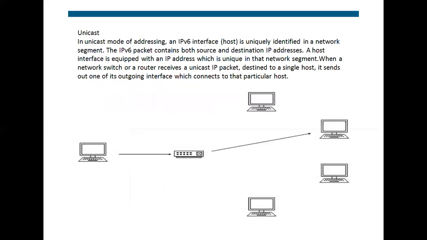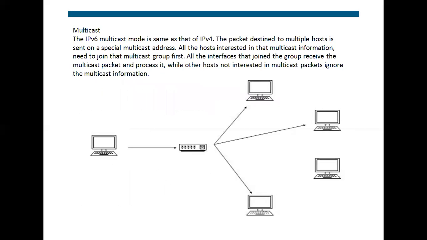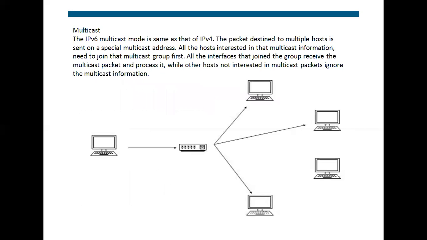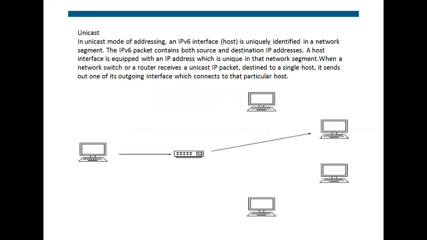अब बात करते हैं यूनिकास्ट. देखिए बात यहाँ पे यूनिकास्ट, मल्टीकास्ट एंड एनीकास्ट, 3 type of communication take place in IP version 6. Unicast is similar to IP version 4. Unicast means one-to-one communication.